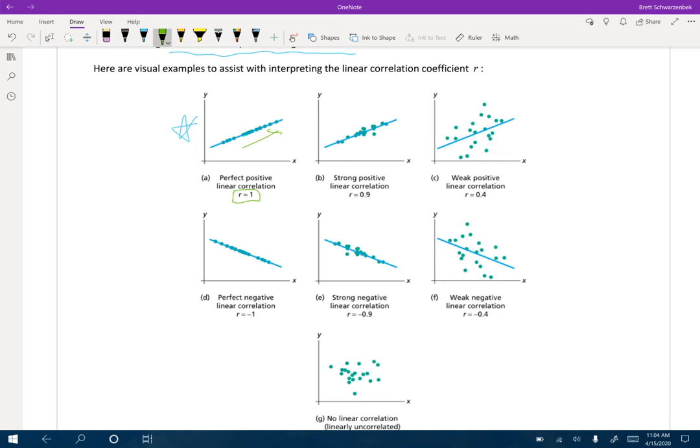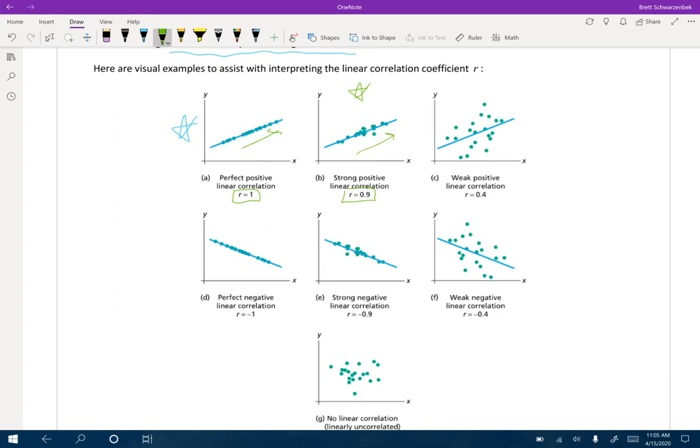Now, if you look at the next problem, we have similar, but the points are a little bit more scattered, but they're really close to the line. So this is an example of a correlation of 0.9, which means still a very strong linear correlation, which is positive because it's rising left to right.